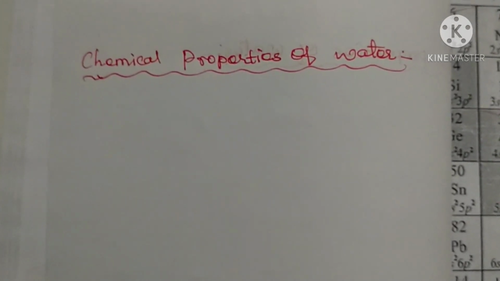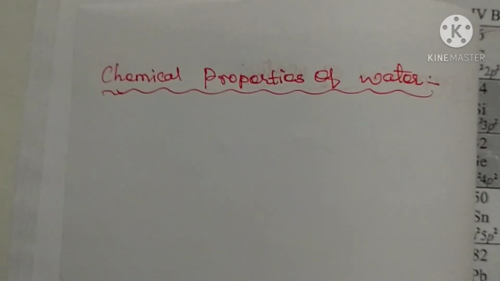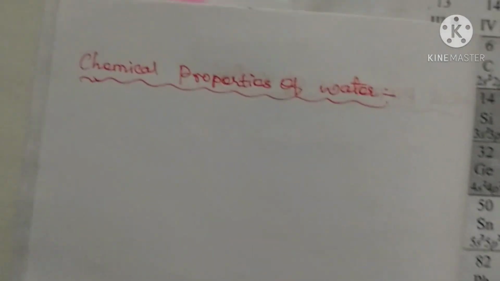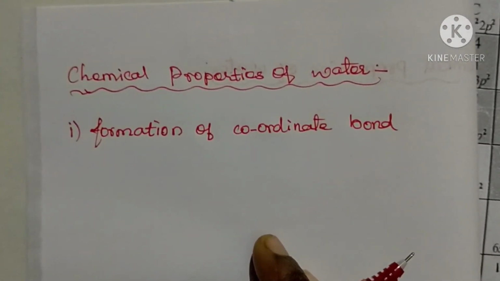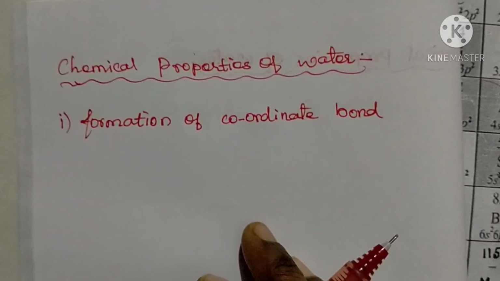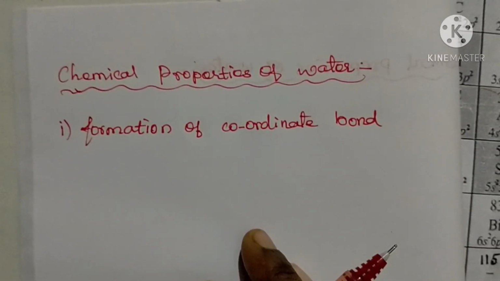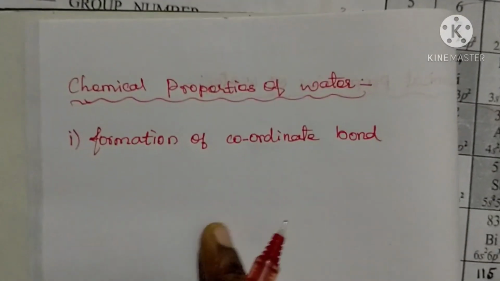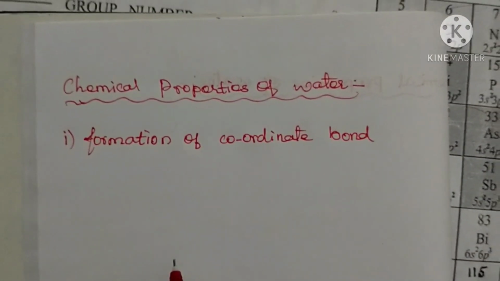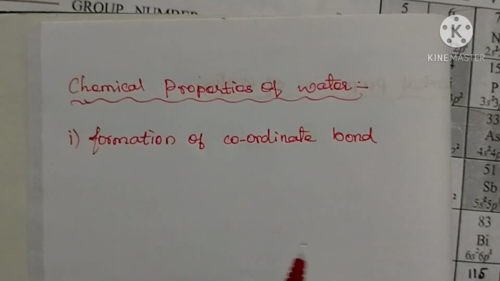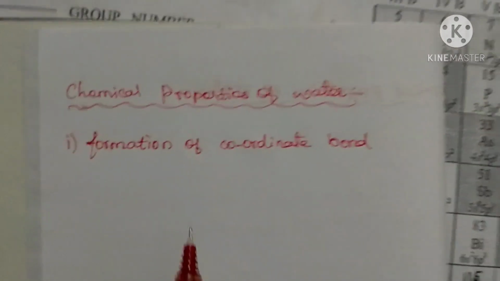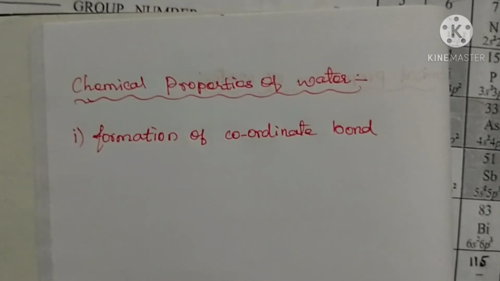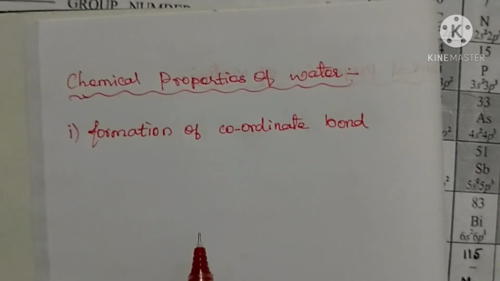Today's class, we are going to discuss the last chemical property of water: formation of coordinate bonds present in interstitial positions of crystals. This is one of the chemical properties of water. So the aqueous solution of a hydrated crystal can produce the salt from that solution.